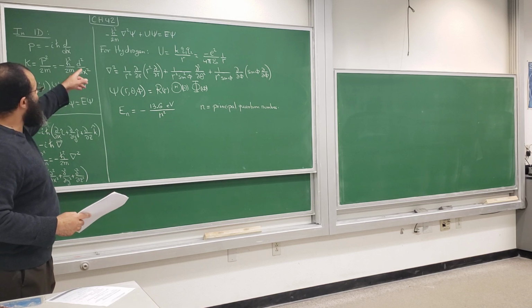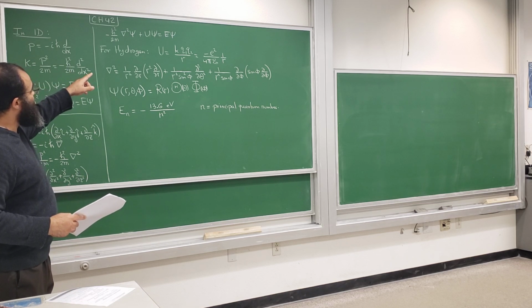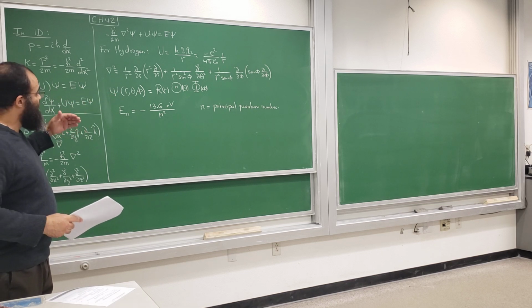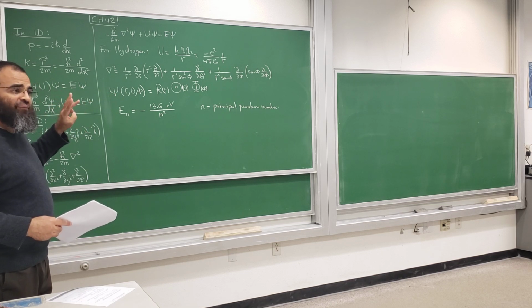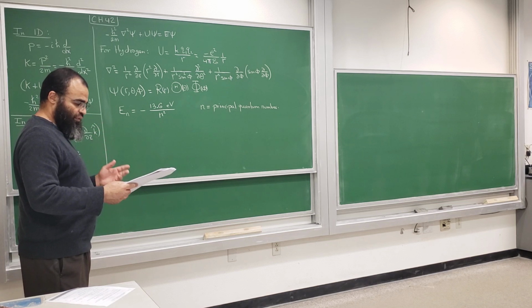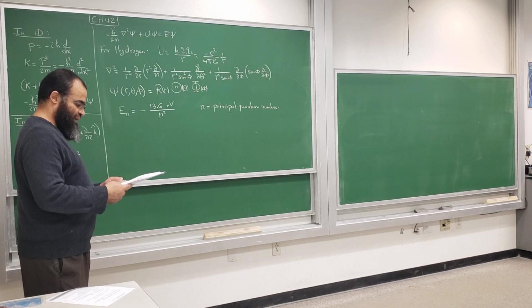These functions here, R and Theta and Phi, they will depend on three quantum numbers. One of them is n, the other one is l, and the third one would be m. And they're related to each other.